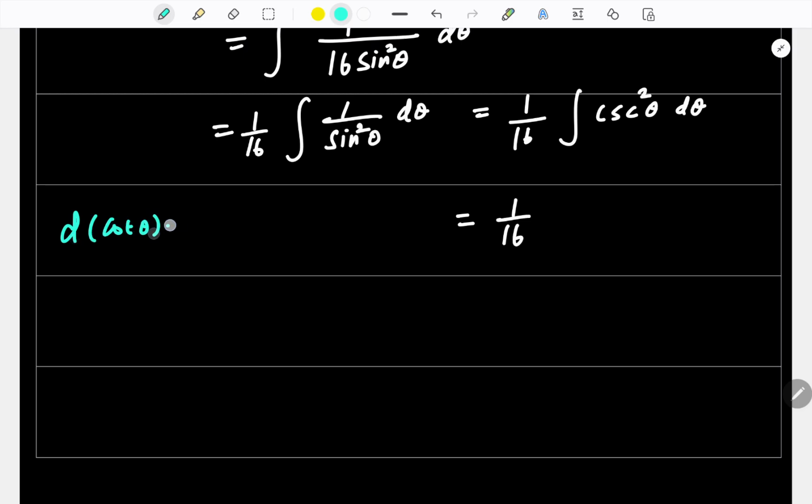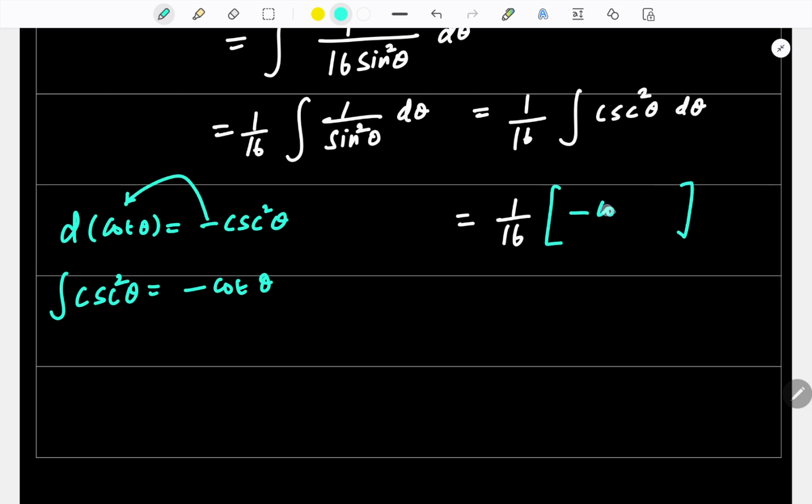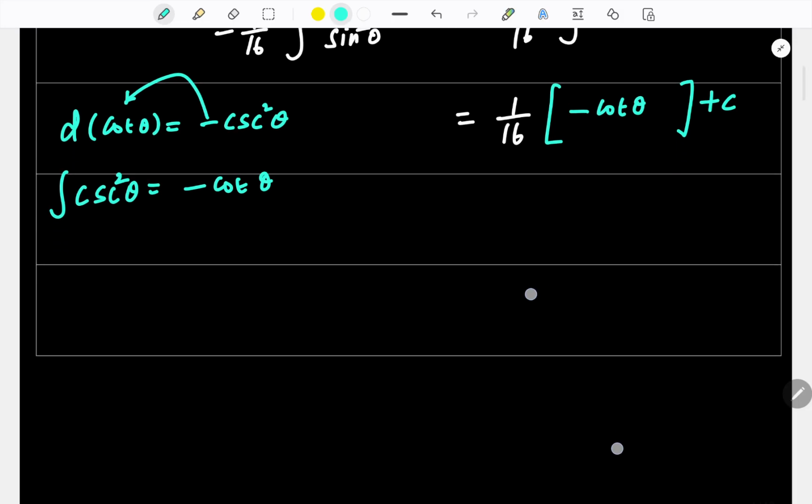So the integral of cosecant square theta is minus cot theta. This minus I have to give it here. So this will be minus cot theta plus integrating constant c, because there are no limits. So this equals minus 1 by 16 cot theta plus integrating constant c.